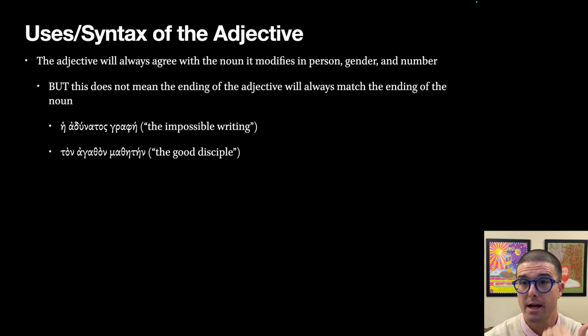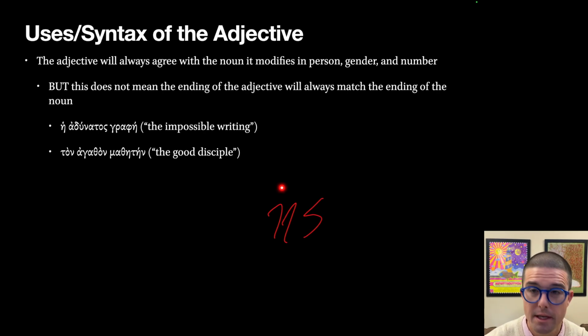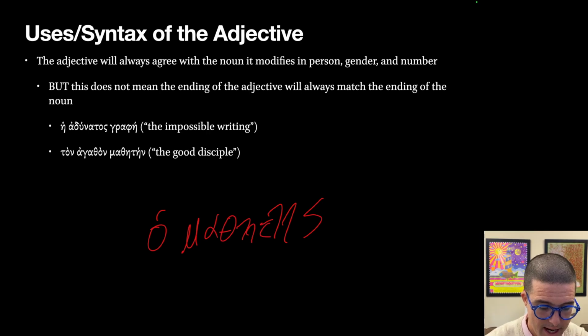So you have something like ho mathetes, which means the disciple. So even though tes, the eta-sigma ending, is one we normally associate with the first declension feminine, particularly in the genitive singular, in the case of ho mathetes, this is actually a noun that means the disciple, that is masculine in form.